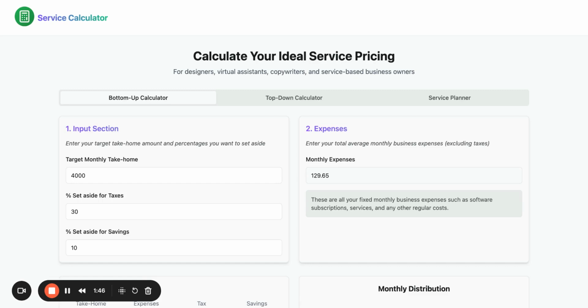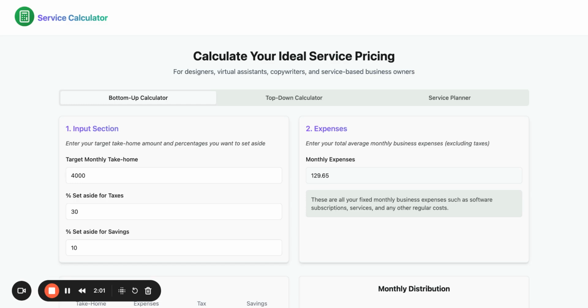Bottom up is you are dead set on a certain amount of monthly take home pay, and we know logistically how much we should be setting aside for taxes and savings. We have current recurring expenses that we can input.